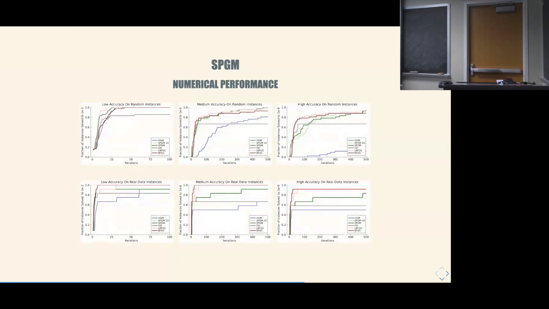You can see here that if you want medium accuracy, SPGM is outperforming BFGS.